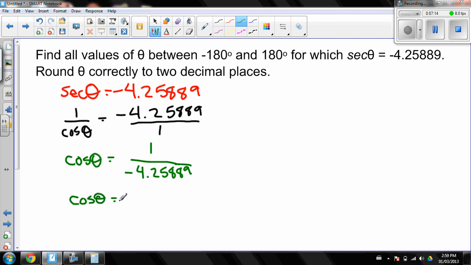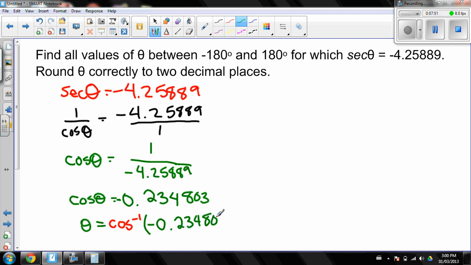So let's plug this in and actually see what value we get for a function there. Cos theta equals a ratio of, so I get a value of 0.234803, and that is negative. Okay, and I want to know what cosine is of that, so I'm going to take the inverse cos to the negative 1 of that ratio, negative 0.234803.